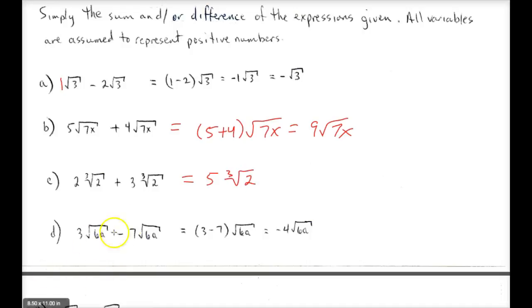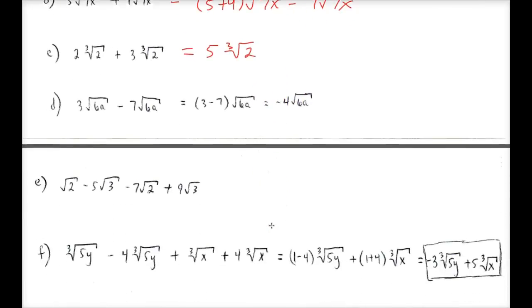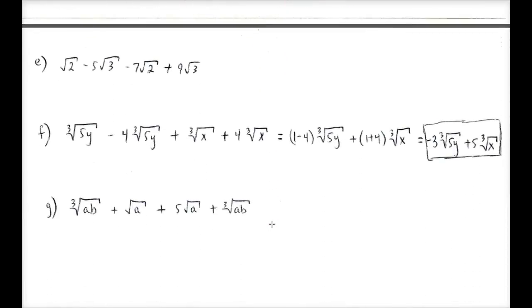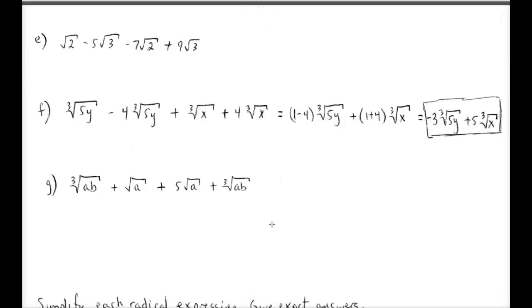Okay. For example D, we have square root of 6a in both. So we just subtract. Okay. So we have 3 minus 7, which is a negative 4. So that'll be negative 4 times square root of 6a. Now for our next example here, notice that we have like terms here, and then these are like terms.